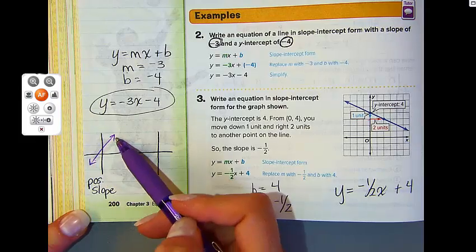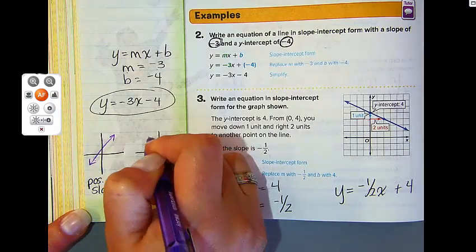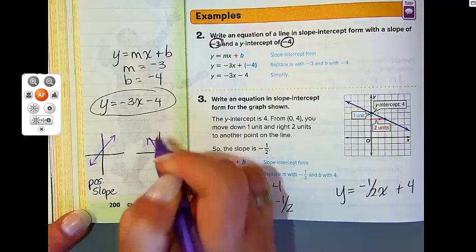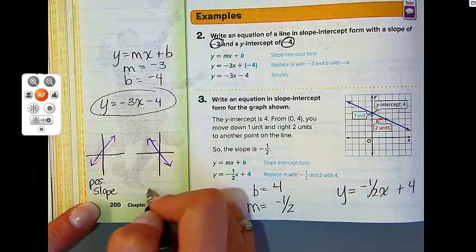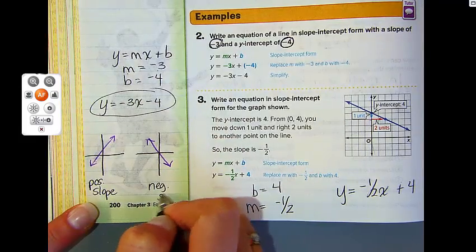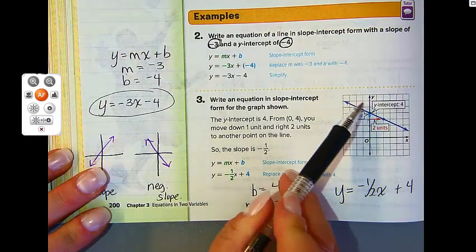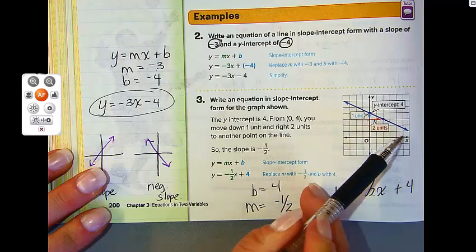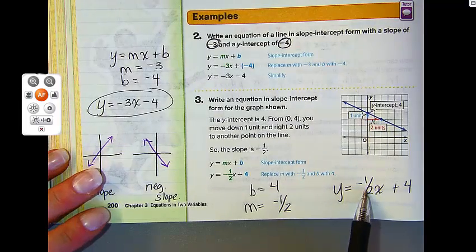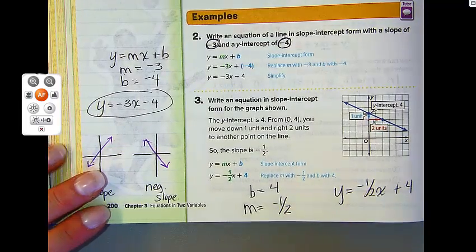If you're going uphill, it's a positive slope. If you're going downhill, that's a negative slope. So because this one was going downhill, I automatically know my slope is negative. And sure enough, my slope was negative 1/2.